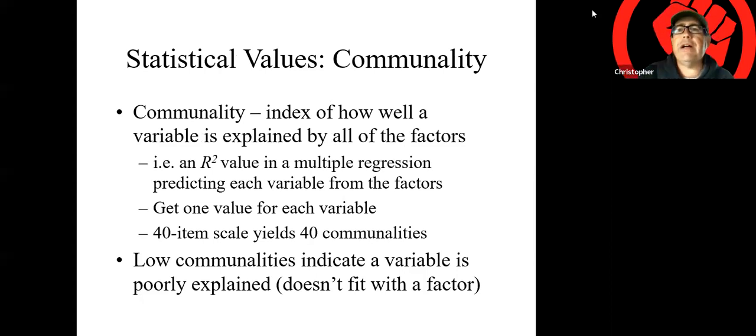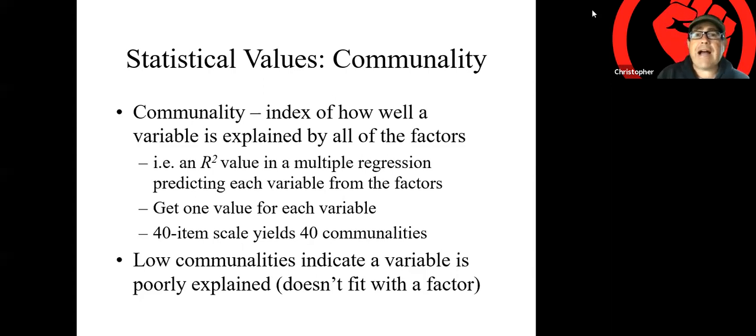Another statistical value we'll encounter is the communality. Communality refers to how well any individual variable is explained by all of the factors together. You could think of this as an R-square value from a multiple regression, predicting each of the variables individually from each factor.